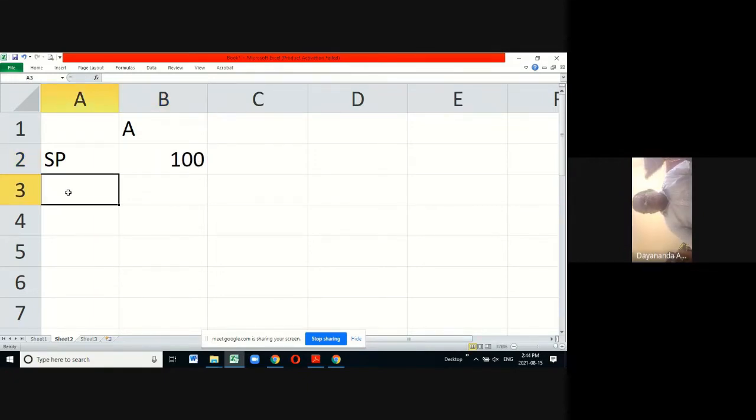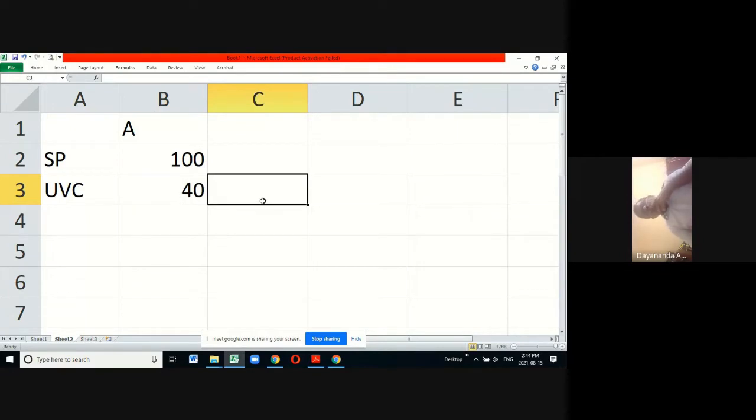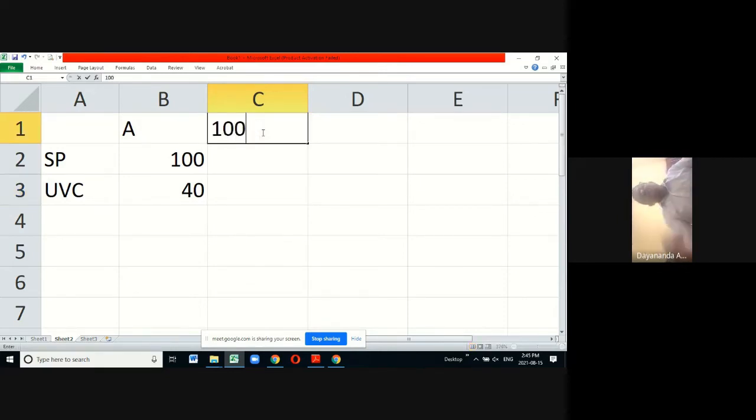For the product, the variable cost, we call it unit variable cost, is 40 rupees. Unit variable means when you sell that particular unit, each product will cost 40 rupees. That's called variable.